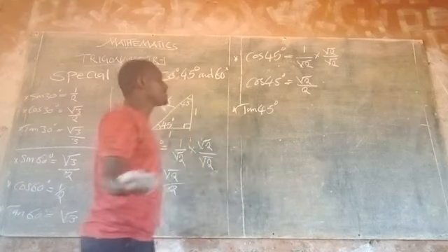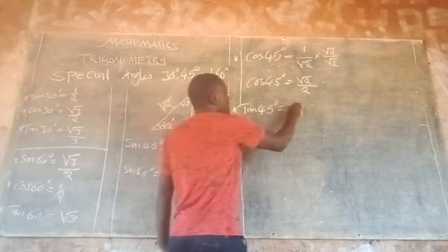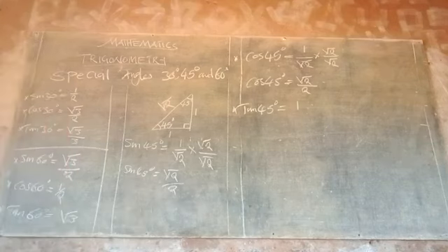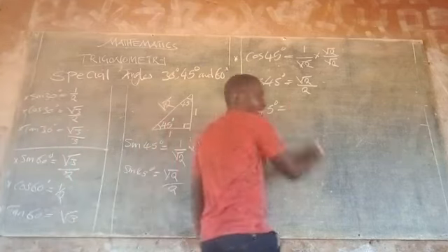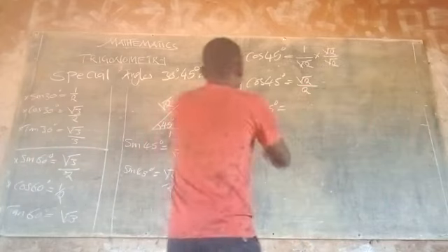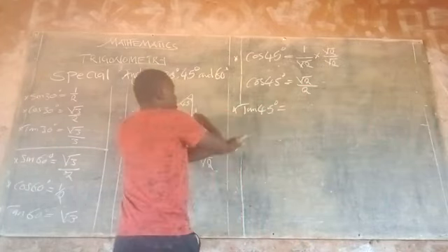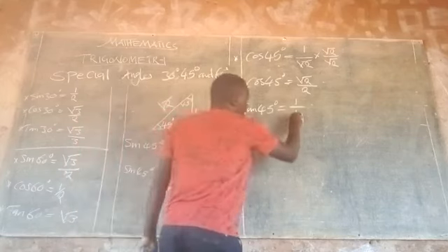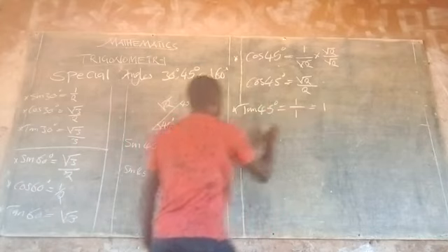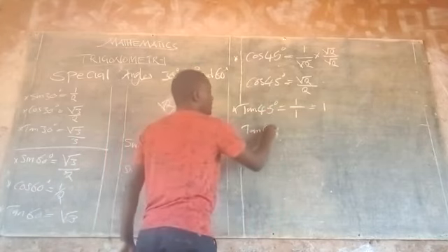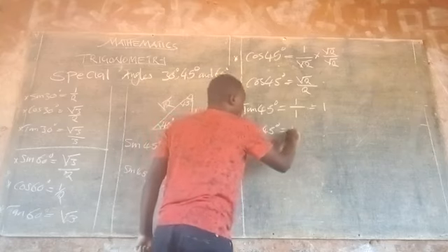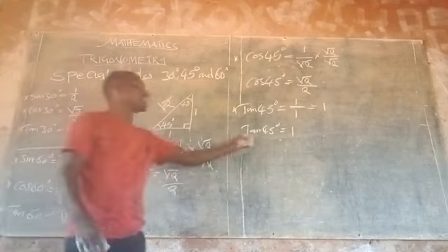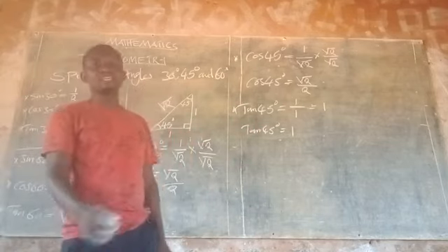So we are saying that the opposite, which is 1, over the adjacent, which is also 1, is 1. Therefore, tan 45 degrees is equal to 1. You can put it on the calculator and find that tan 45 degrees is just 1.